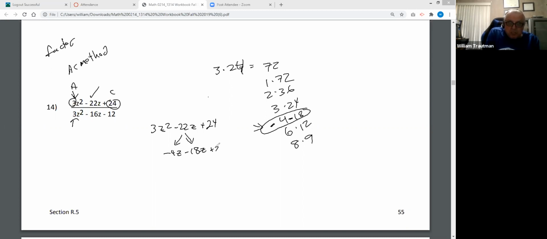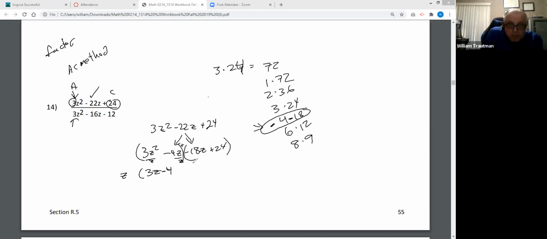Then I have the plus 24 here, and the 3z squared here. Put parentheses around the first 2, parentheses around the second 2, make sure there's a plus sign between them. In the first parentheses, 3 and 4, nothing factors out except a z.